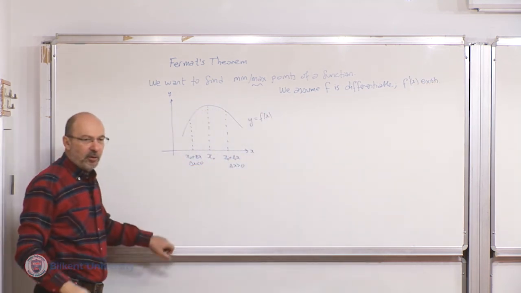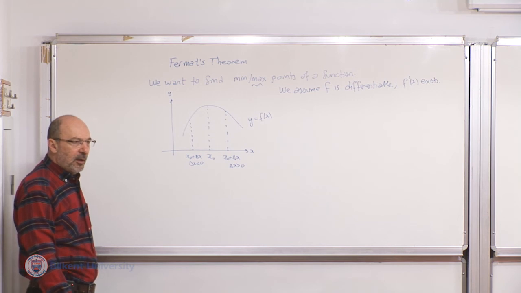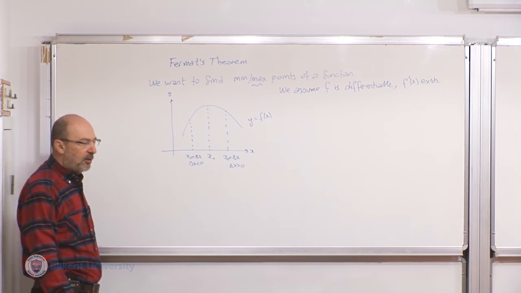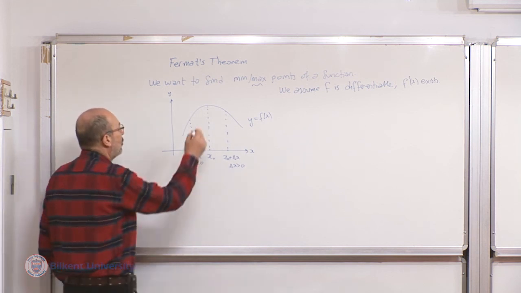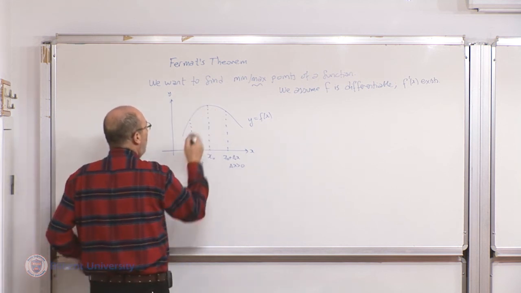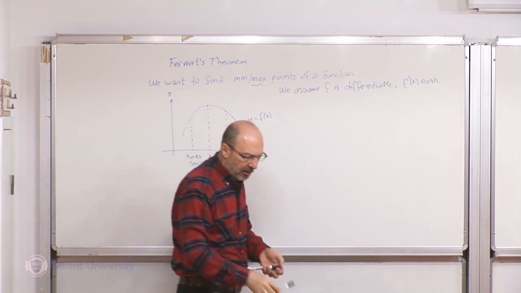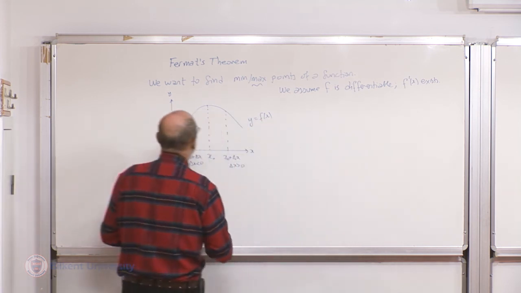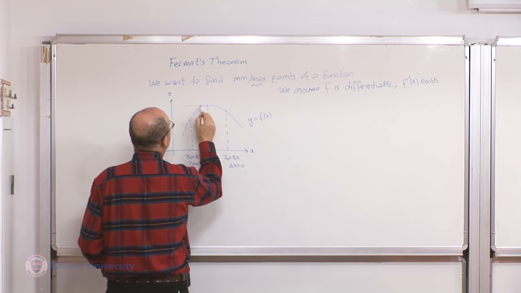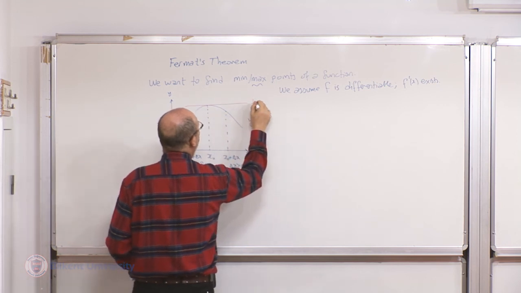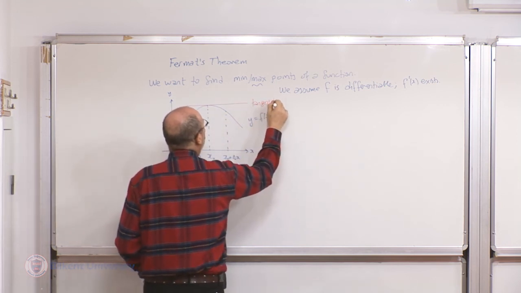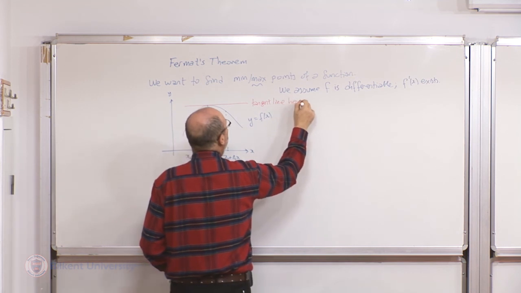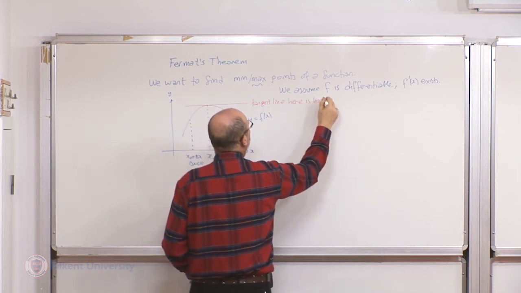We are interested only at x sub 0, but in most cases, f prime will exist on an interval, and we'll check these things. So at this point, we have a maximum, and the tangent line is horizontal there, as we observe. Okay, so this is the tangent line. Tangent line here is horizontal.